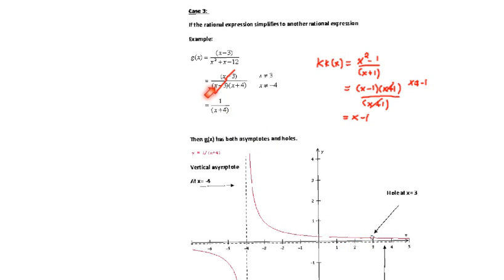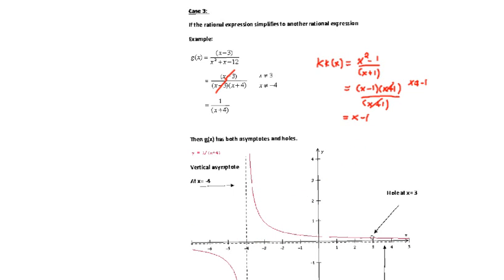Because that restriction is not accounted for in the graph of 1 over x plus 4, we had to place a circle or a hole where x is equal to 3, just to tell everybody that this graph can be any value except for 3. It can also be any value except for -4, but that is already represented by the asymptote. So this example is just another example that I have put previously.